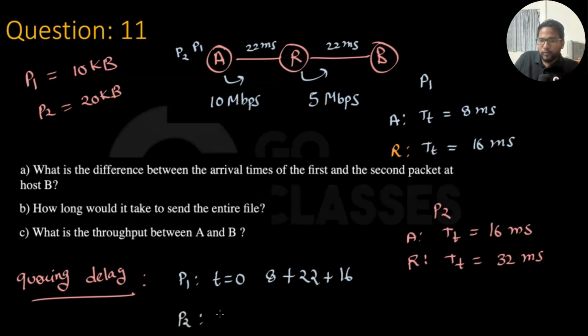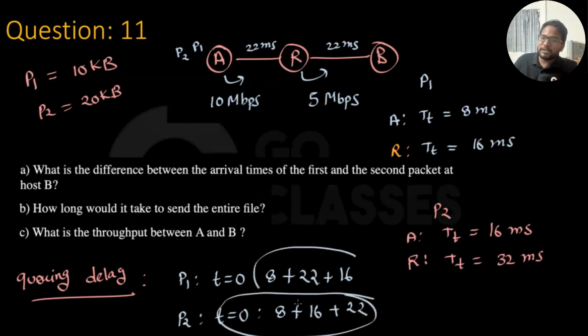For P2 from t equal to 0, at what time did it enter R? 8 milliseconds it is waiting, 16 it will take to transmit from here, and 22. So it will be entering R at this time. At that same time, P1 is leaving R. So tell me, is there any queuing delay here? There is no queuing delay, right?